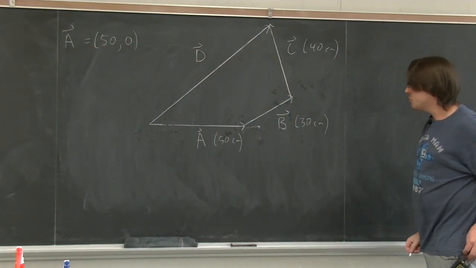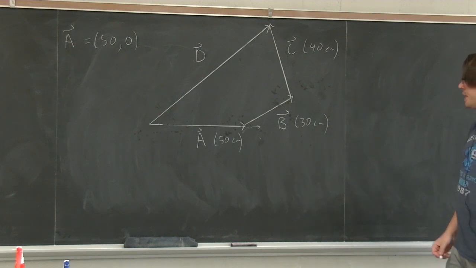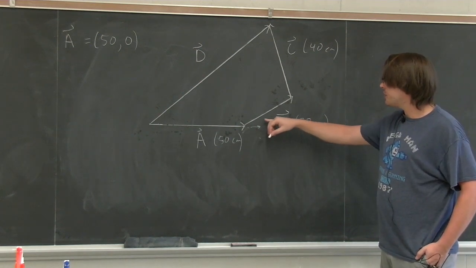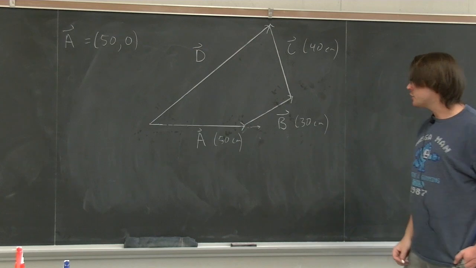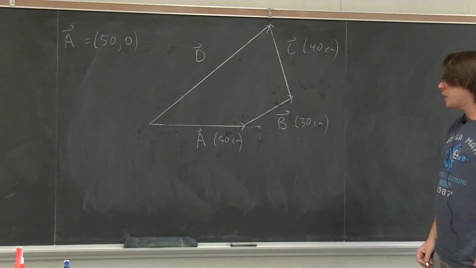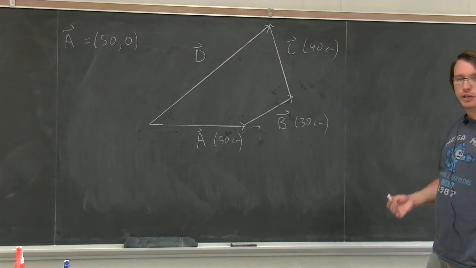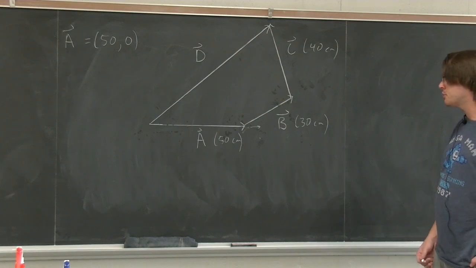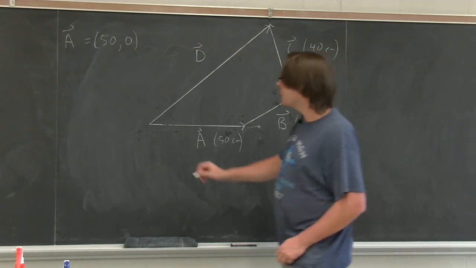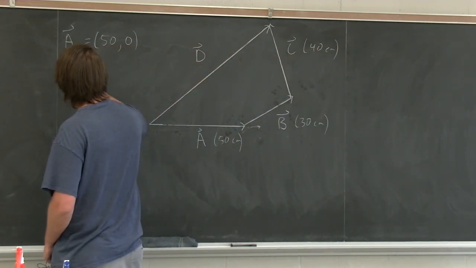Okay, now what do we do for B? So B has a 30-degree tilt in relation to A. So when we want to get the components of a vector that we know the magnitude of and the direction it's pointing, we use trigonometry.